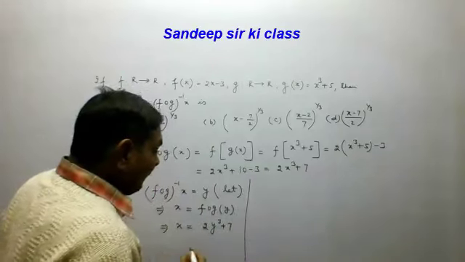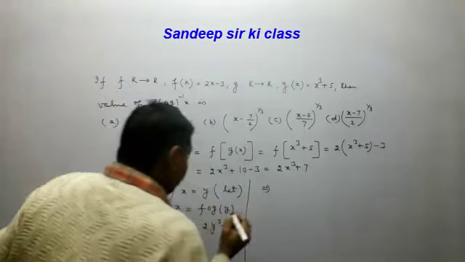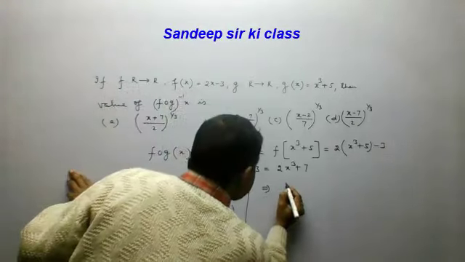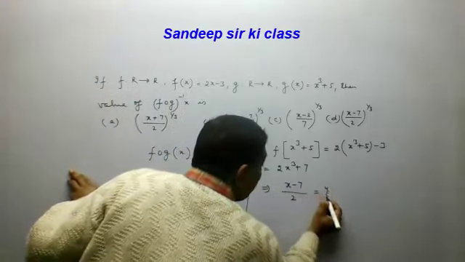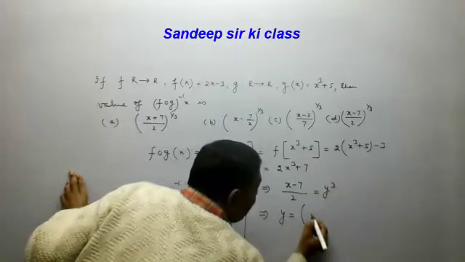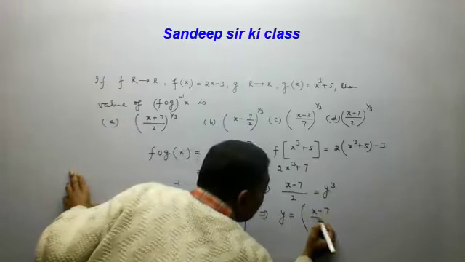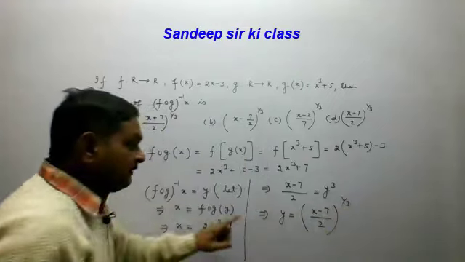So simplifying this equation for y, we obtain that this implies (x minus 7) upon 2 is equal to y cube, which gives us y is equal to ((x minus 7) upon 2) raised to the power 1 upon 3. This is the value of y.